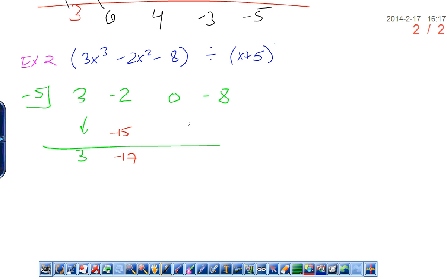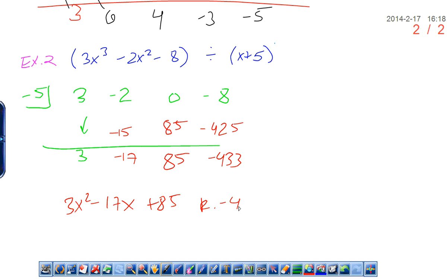Negative 17 times negative 5 is 85. 85 times negative 5 is, oh crap, what is that? Negative 425? I think so. So we add those and we get negative 433. So then our answer is 3x squared minus 17x plus 85 with the remainder of negative 433.